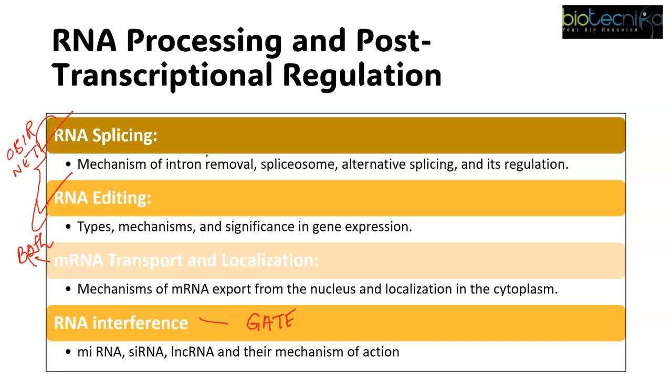Now, in RNA interference, what are we going to talk about? RNA interference can be included in RNA processing, or it can also be included as a part of gene regulation. Here the cell uses miRNA, that is microRNA, or siRNA to control the expression of different genes, either by marking the protein coded by that gene for degradation, or by making the mRNA coded by that gene double-stranded, so that the mRNA cannot be taken for translation.